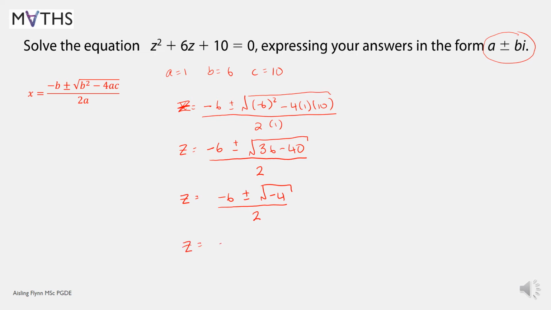Now what will we get for the square root of minus 4? Well, the root of 4 is 2, and the negative means we'll have an i with it, over 2. And in this case, yes, we can divide the 2 into each term. We get z equals minus 3 plus or minus i.